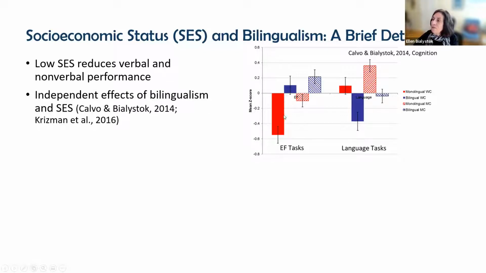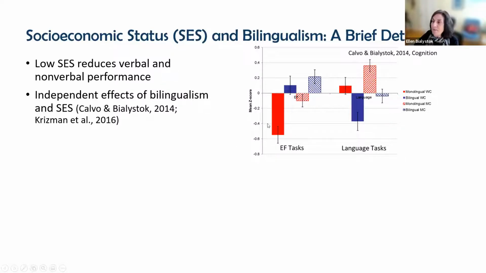So bars below the line is worse than average. Bars above the line are better than average. That's how you read the standard deviation data. These are standardized scores. So we gave all of these kids who are monolingual or bilingual and middle SES or somewhat lower SES a bunch of executive function tasks.